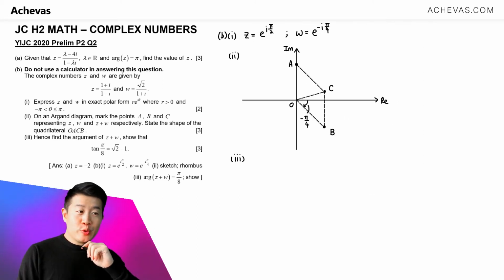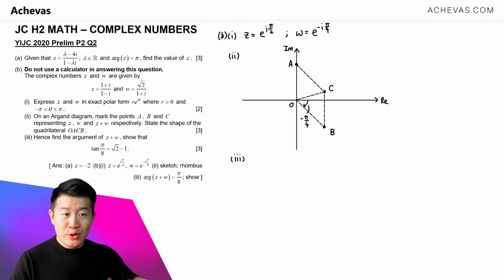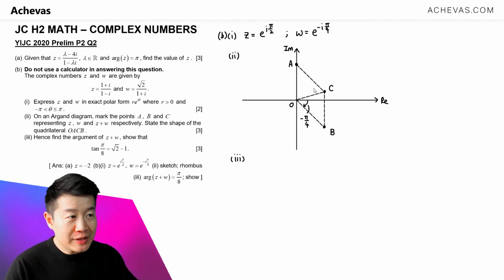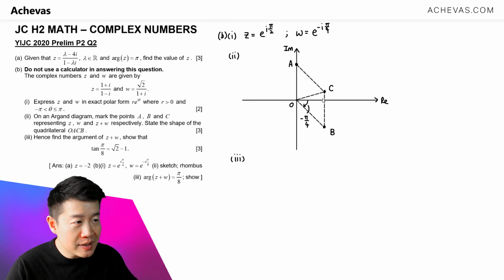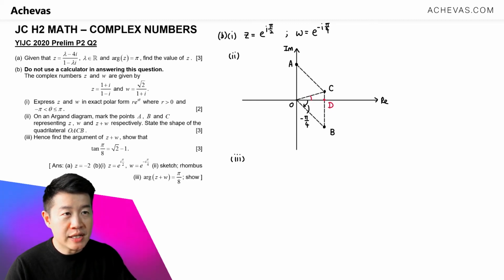The first thing that we want to do in part 3 is to locate pi over 8. So we can work with different angles that we can see in part 2. And in the end, you will actually end up with one particular angle that is going to be pi over 8, and that is this angle. So let's say we have already done our trial and error. We want to find this angle, and I'm going to name this point here D. And let's try to find angle COD.